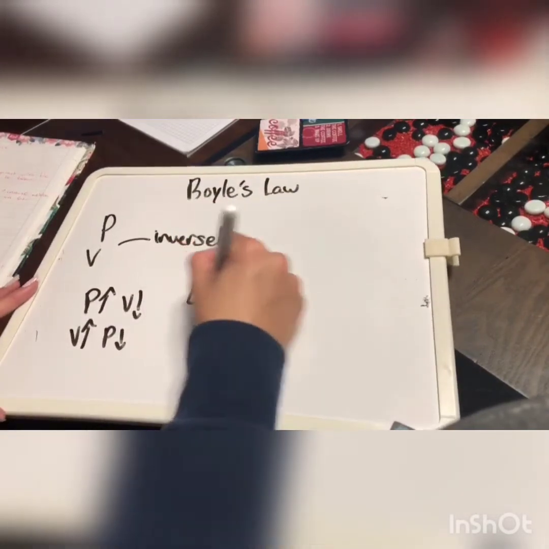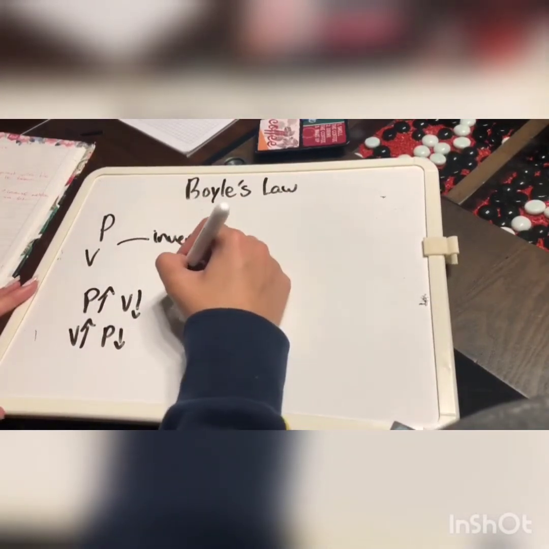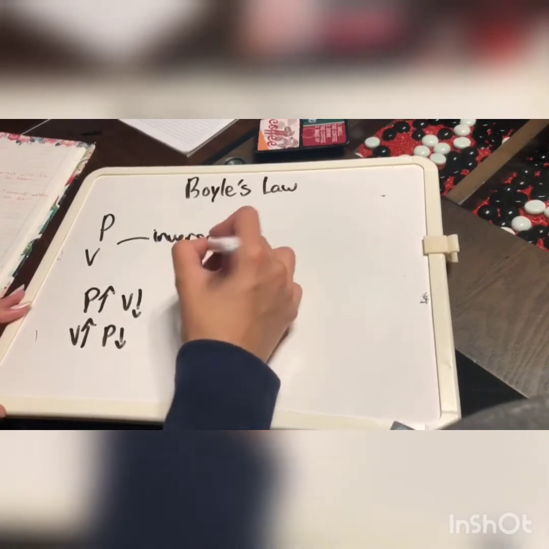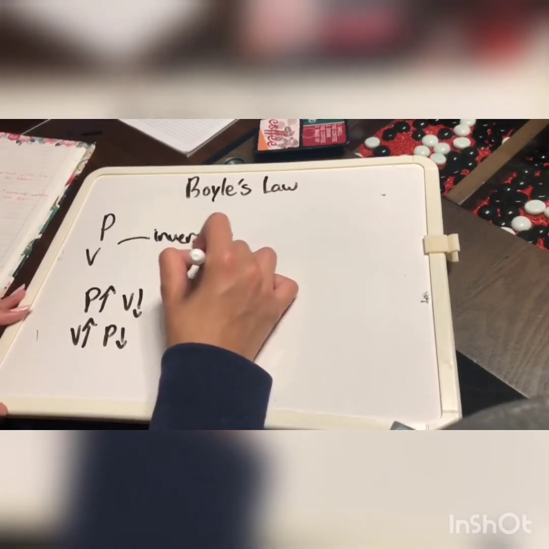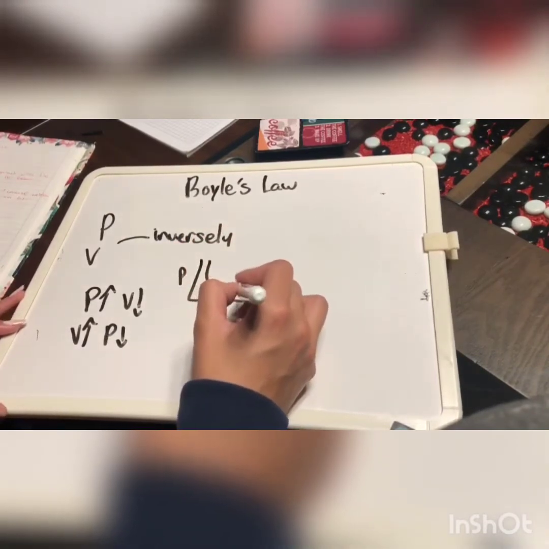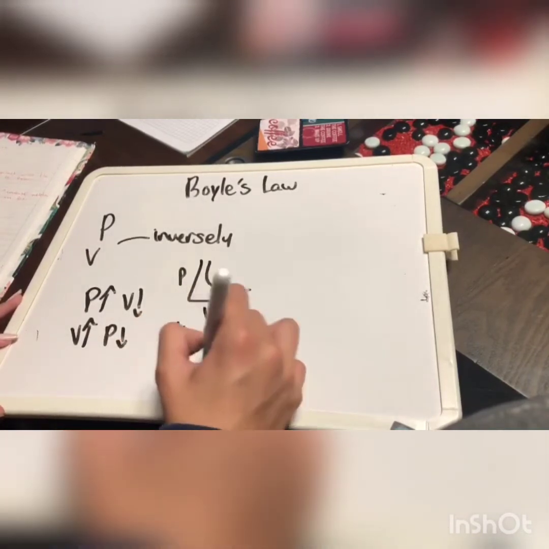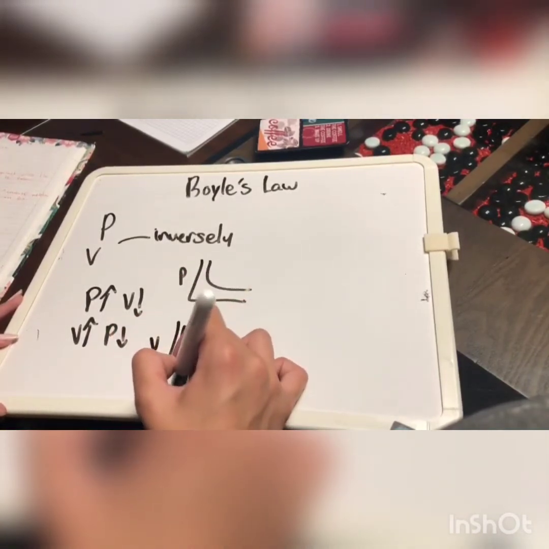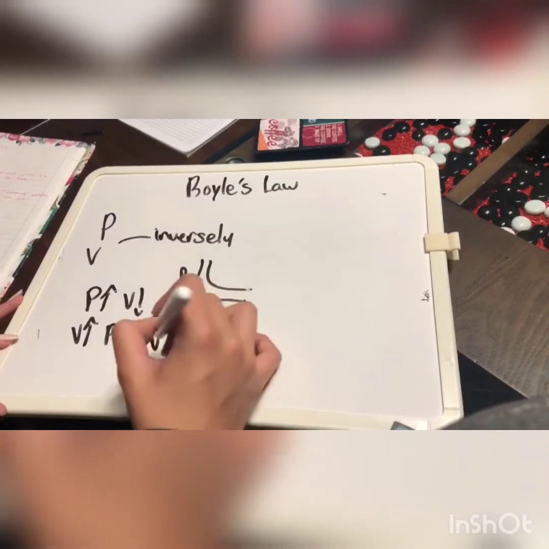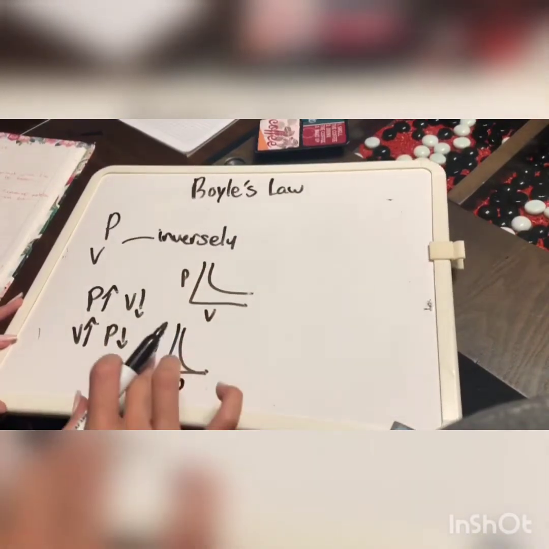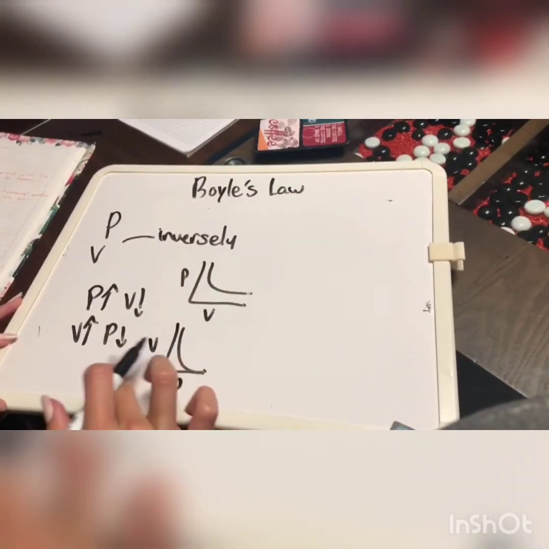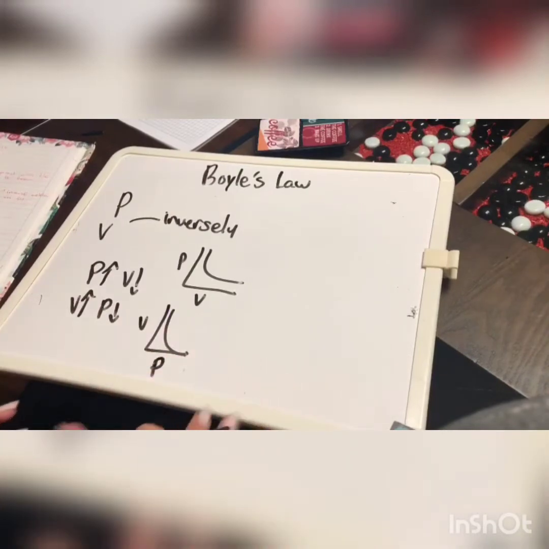So in a graph we could see it like this. This could be the pressure and the volume. So if pressure is increasing, volume will be decreasing, and inversely, if pressure is lower, volume is higher. But it needs to be always like that, one higher than the other one.